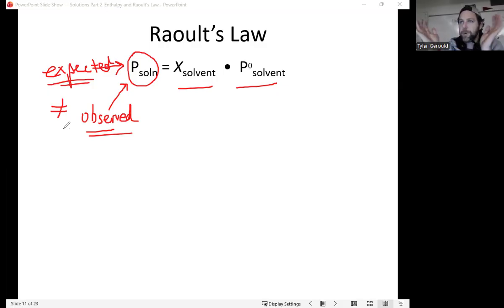But just remember, in a lab setting, there's always some sort of percent error. So don't always expect these to be exactly the same. It's just we can always calculate what to expect prior to doing the experiment and look at what we observe. This idea is a little bit more significant with the last example where we have two liquids and they're miscible, and the vapor pressures may be slightly off from what we would expect.